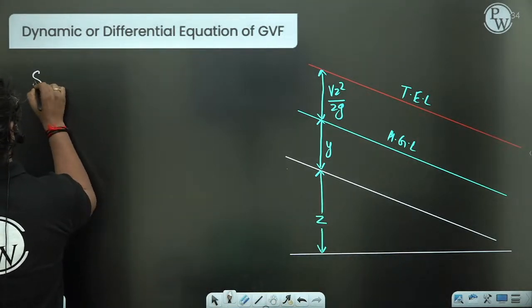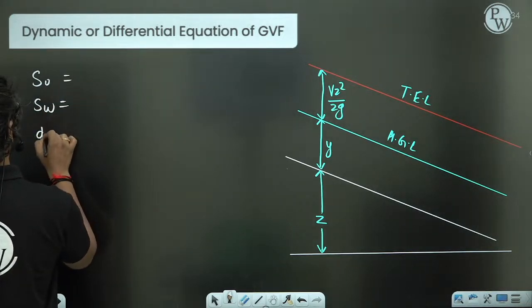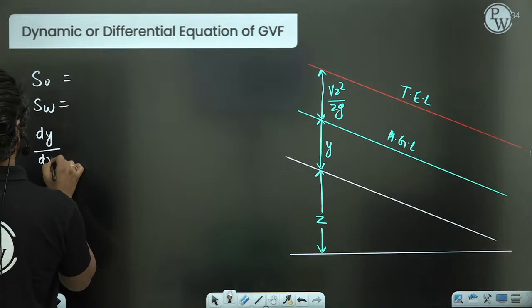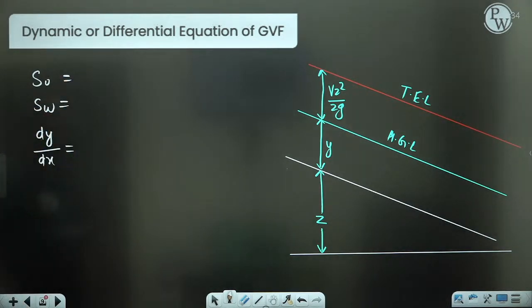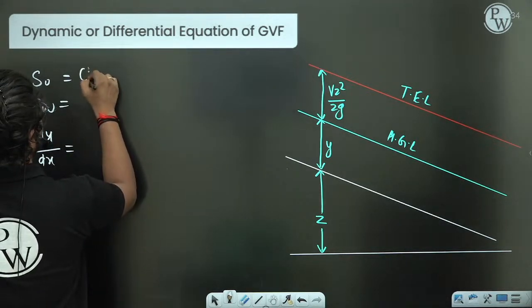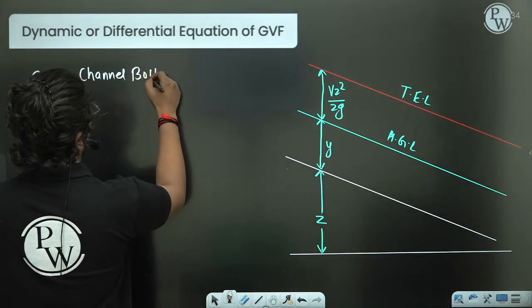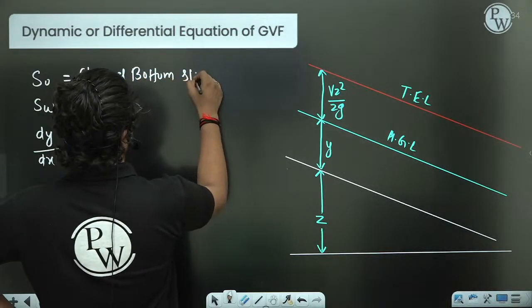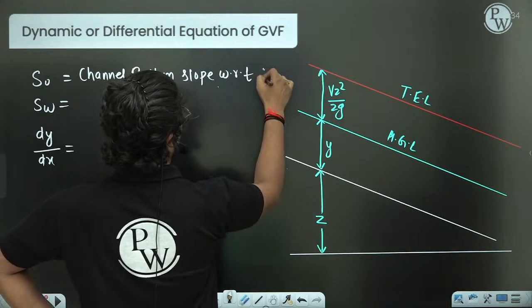Here a few things are already known to you, like S0 and SW. S0 is the channel bottom slope with respect to horizontal.